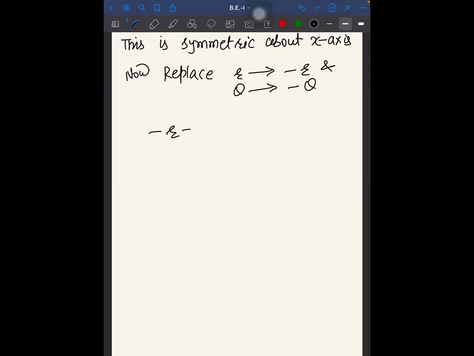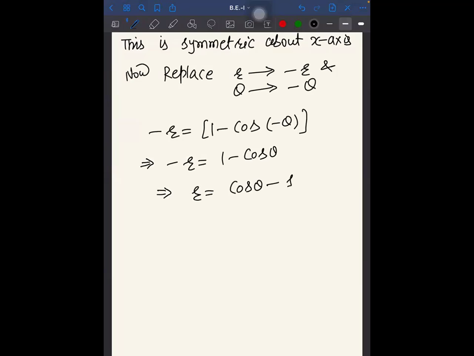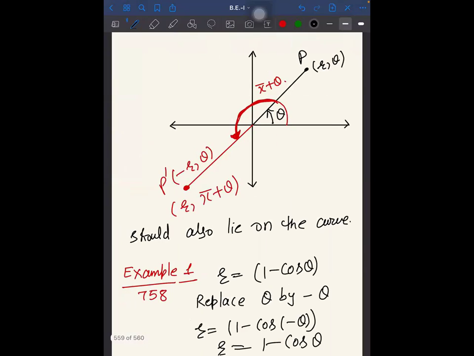So minus r is equal to 1 minus cos of minus theta. So minus r is equal to 1 minus cos theta. So r is equal to cos theta minus 1, which is not the same, right? Because we have r is equal to 1 minus cos theta.